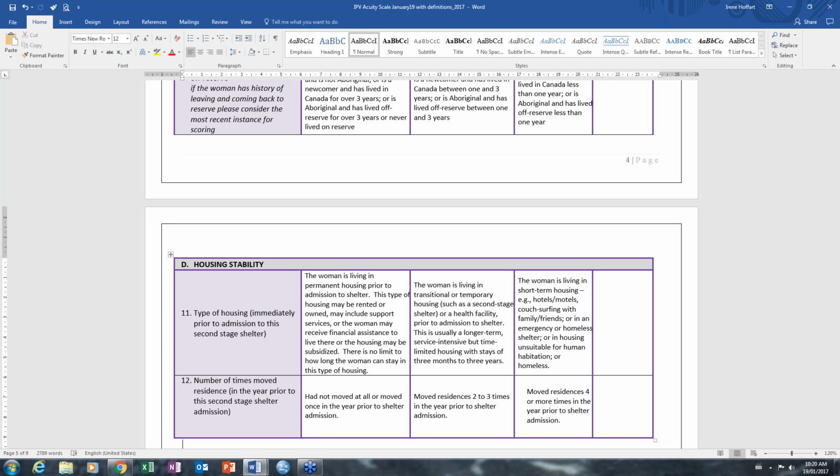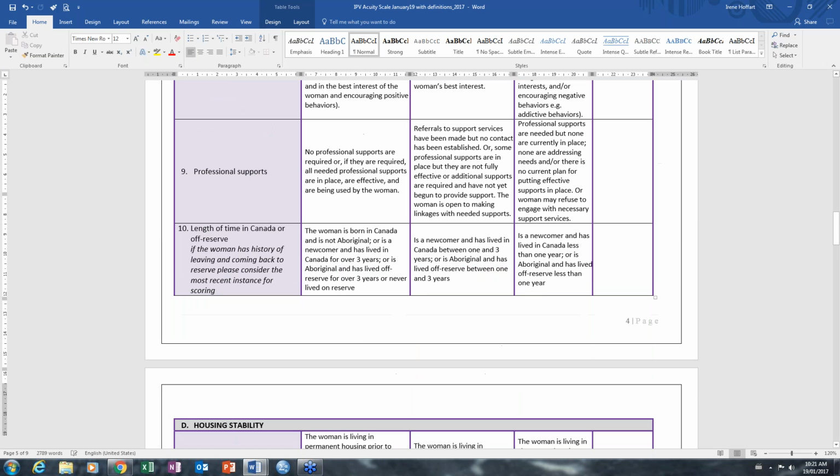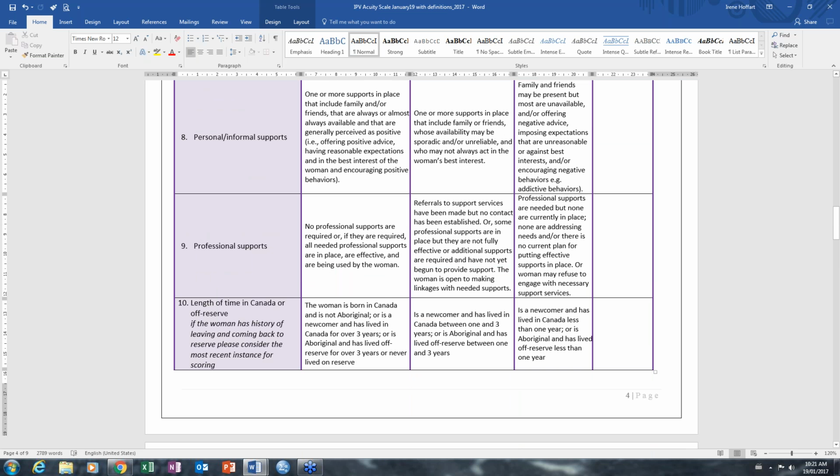All right, thanks, Debbie. There's a question from Natalie about the professional supports. On the professional supports, all supports are in place, but the woman does not effectively engage or reschedules often. What score is this? I would give it a 3, because she's not engaging. We may want to make that a little bit clearer.